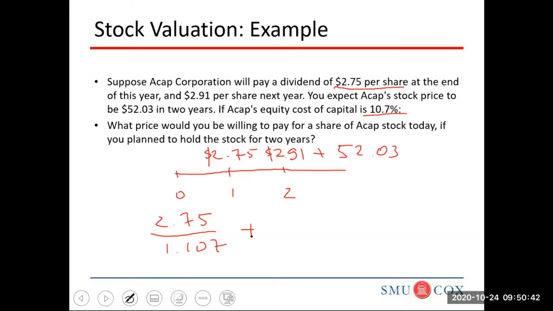And then the value of the second dividend payment would be 2.91 plus 52.03 divided by 1.107 to the second power, discounted for 2 periods.